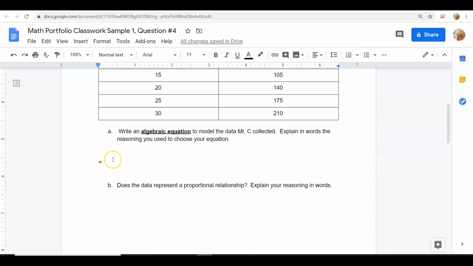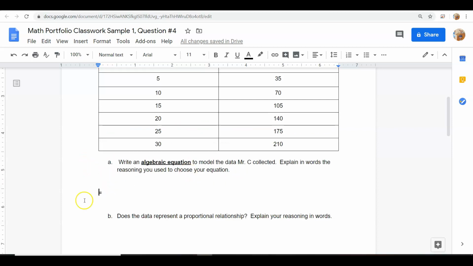Now, when you have an equal sign, there needs to be two sides of the equal sign because you're telling me that something is equal to another thing. So the easiest equation to show you would be y equals mx plus b.